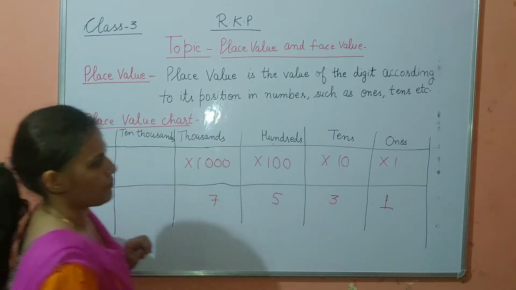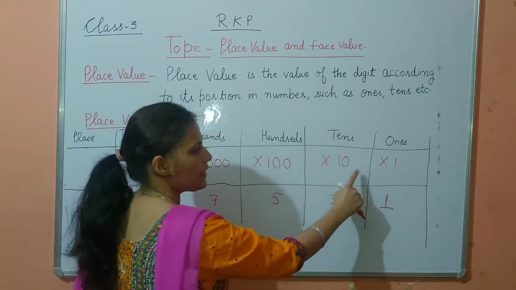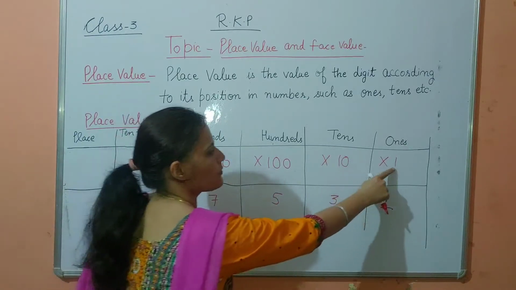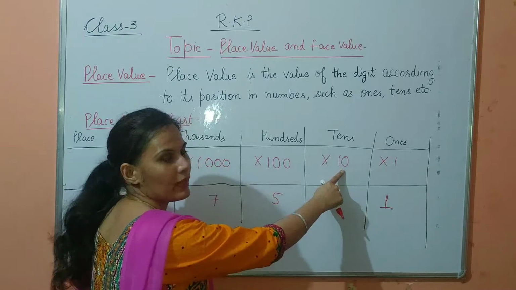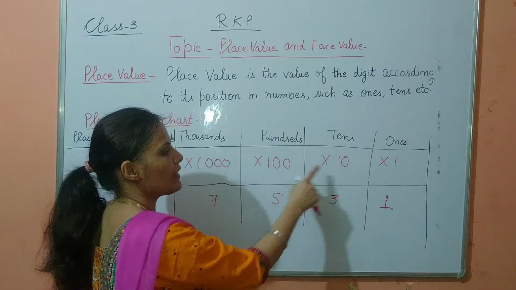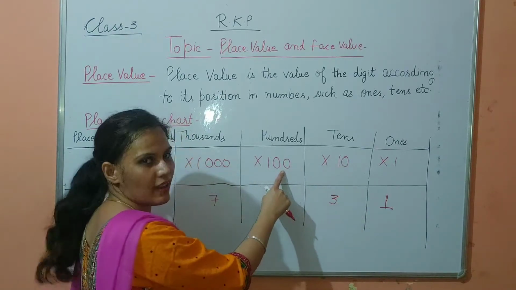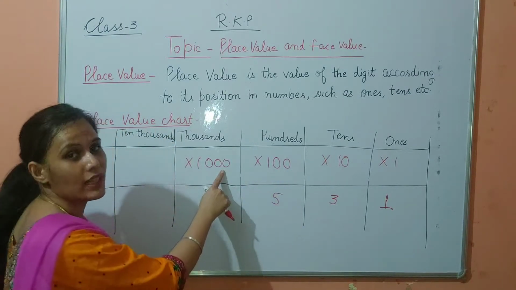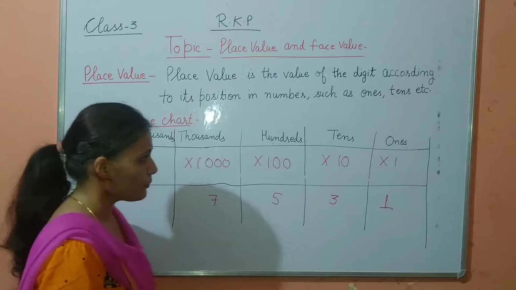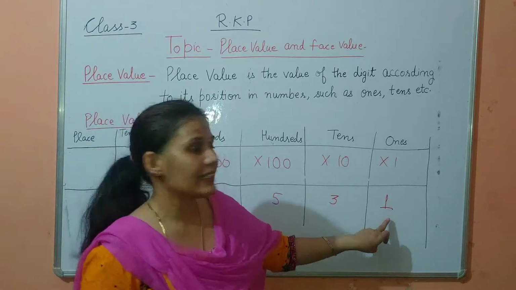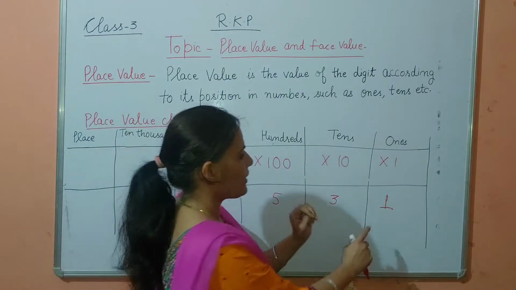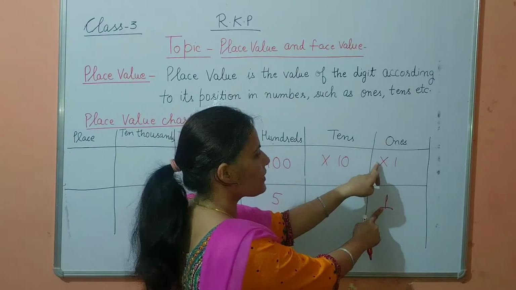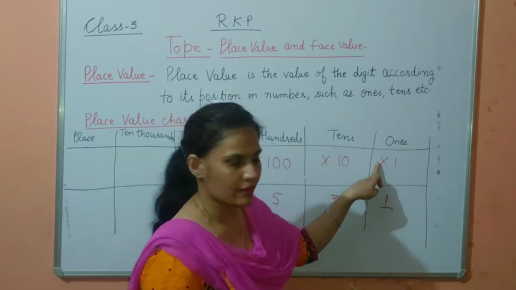Every time from ones, when we come to tens, 10 is multiplied. Again 10 is multiplied. When 10 is multiplied with 10, 100 comes. And when 100 is multiplied with 10, then 1000 comes. Means if I read this number, I will say 1 once, or when you multiply, you will say directly 1.